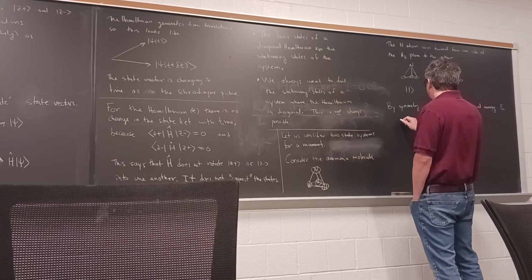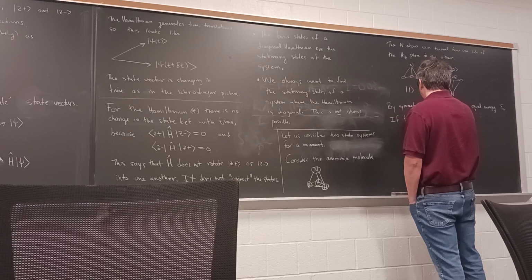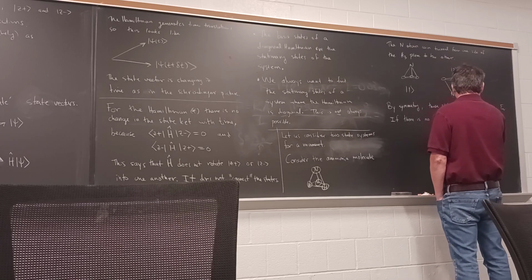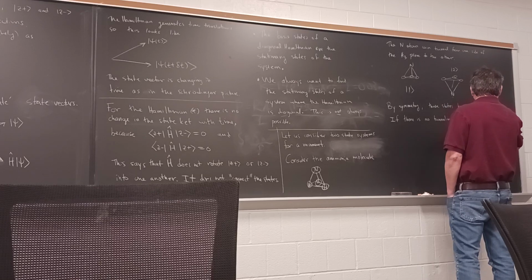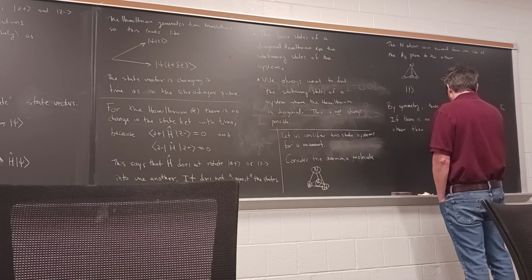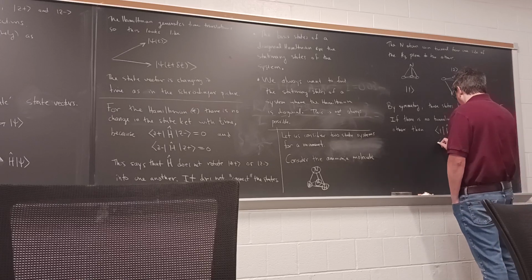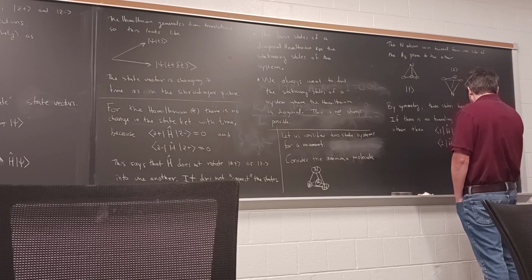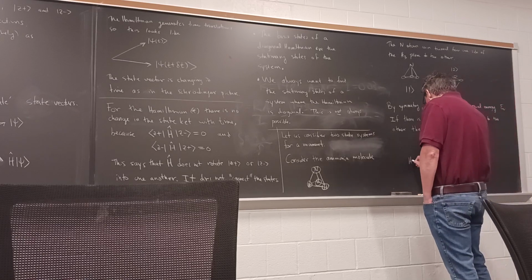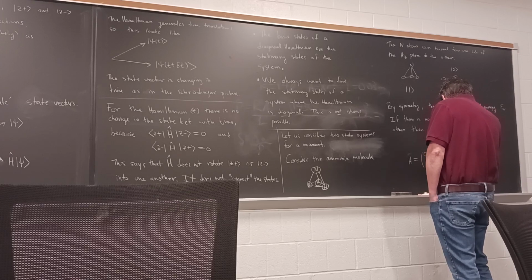So if there's no tunneling from one state to the other, then the Hamiltonian for the system will have matrix elements that are 0, so H will not connect the states 1 and 2, and H for the system would just be E0, 0, 0, E0.